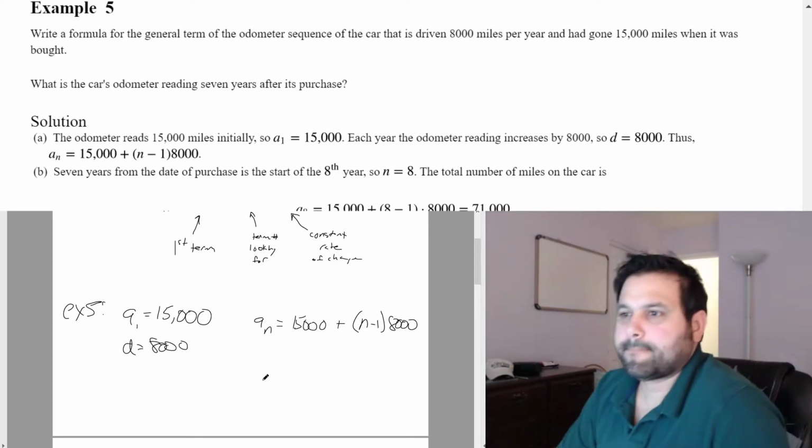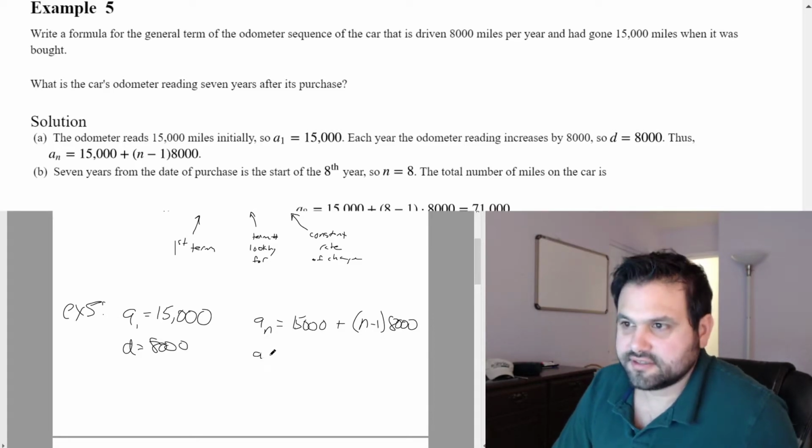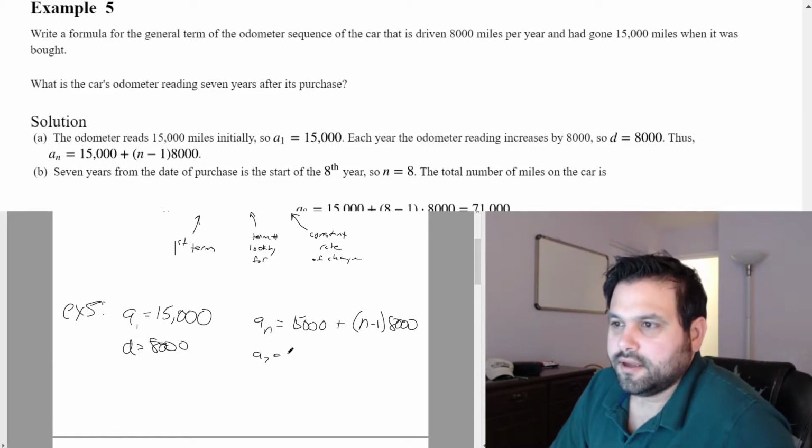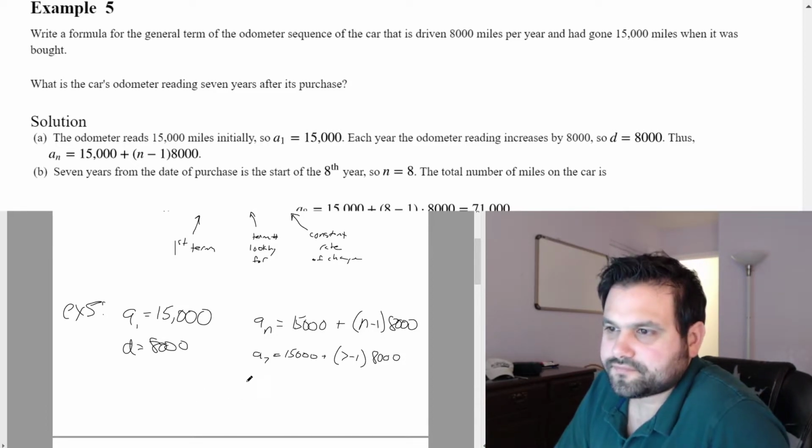And if we want to know 7 years later, we are looking for a sub 7. So we're doing 15,000 plus 7 minus 1 times 8,000, or essentially just 6 times 8,000.